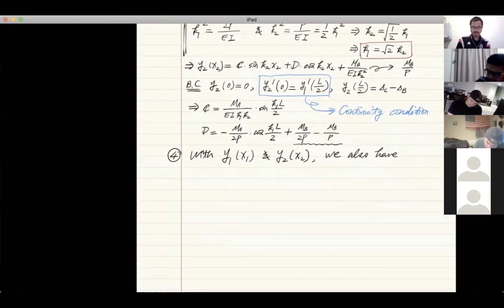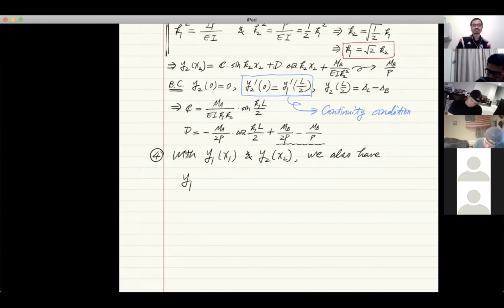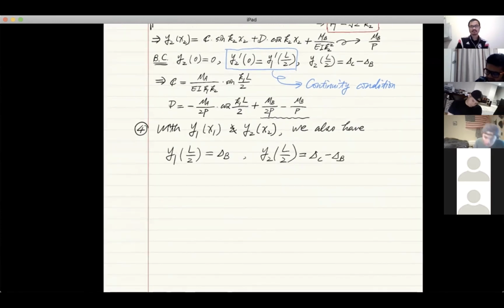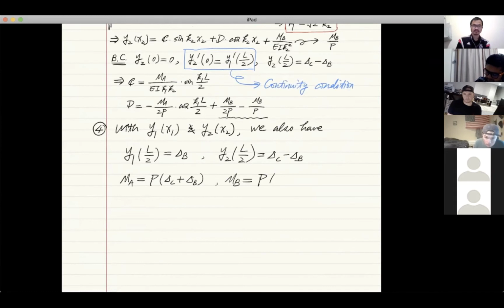We also know that when y1 at L over 2, deflection is just delta B. And when y2 at L over 2, this is just delta C minus delta B. Right? And we also know that MA equals P times delta C plus delta B. And we also know that MB equals P times delta C minus delta B.